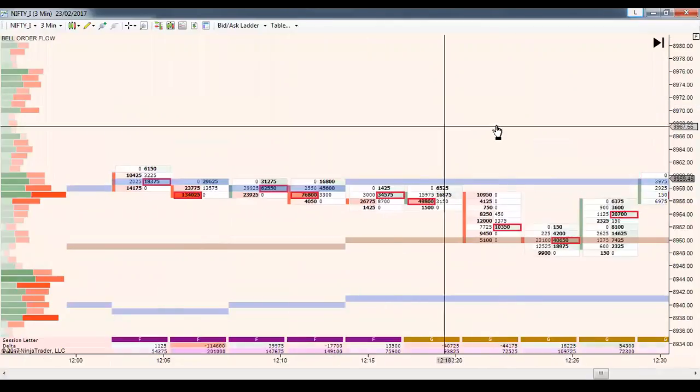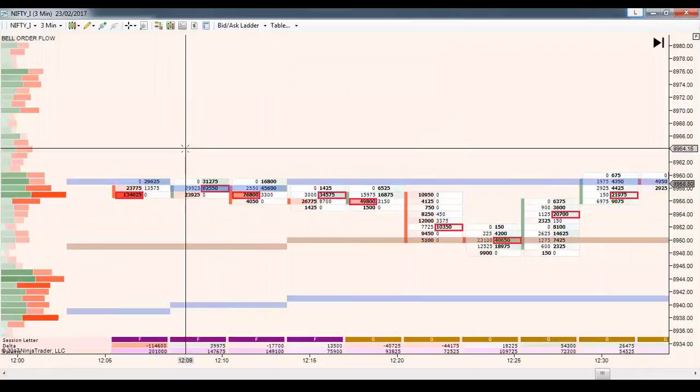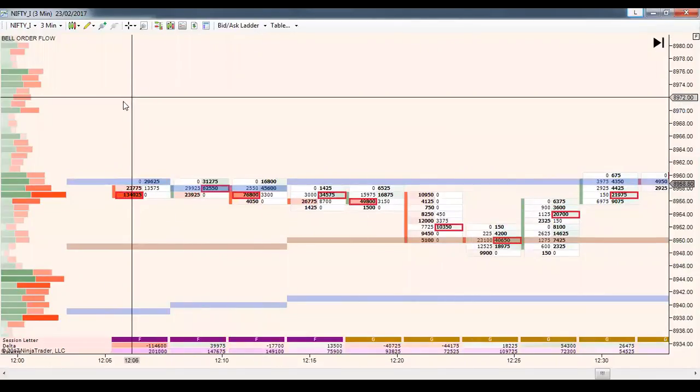This is that fall which we are just looking at, failing above yesterday's high, coming down, and see what happens. Another sign of not finding new business is this kind of activity. Look at the sellers dropping in number as we go down. Here also, here also, and here also.